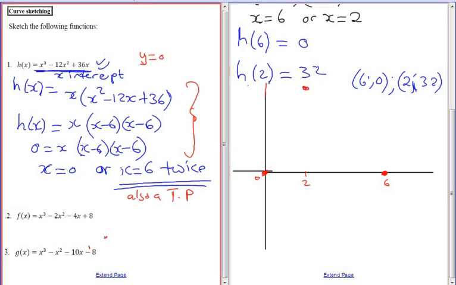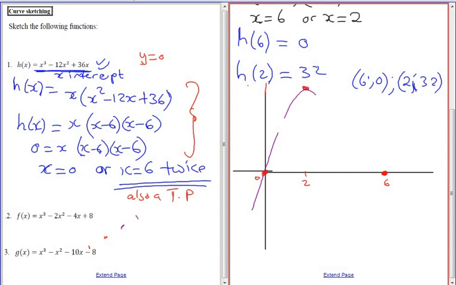And from what we're gathering, since a is positive, the graph should go up first. So I'm assuming if I try to go up like that, and then come back properly, so I should rest at 6. Like that. I hope you have a better graph than mine.